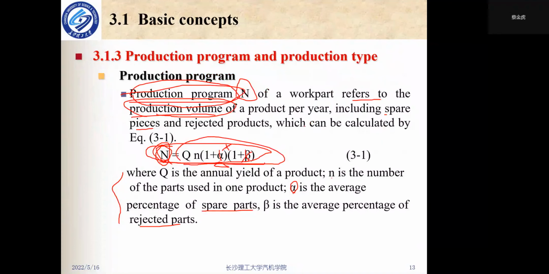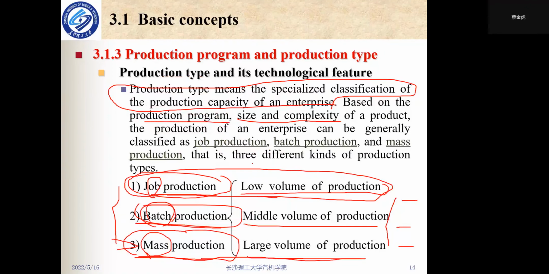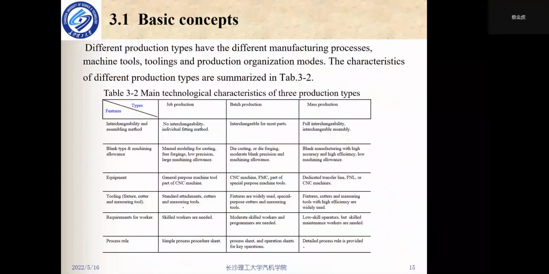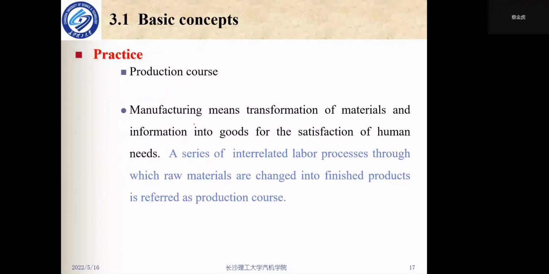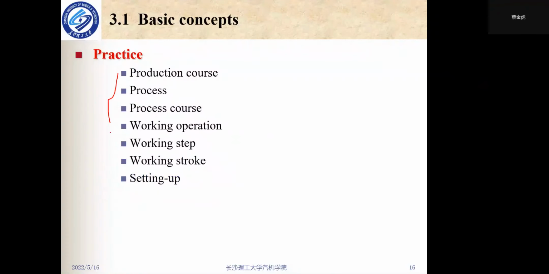Production program, and we have learned how to calculate the production program N. Also the production type, including 3: job production, batch production, and mass production. We also went through this figure, this table, step by step in detail. And some important concepts.